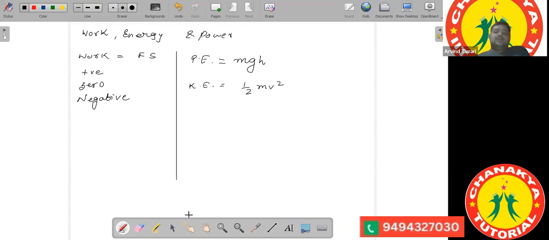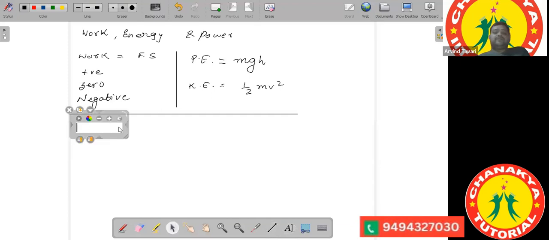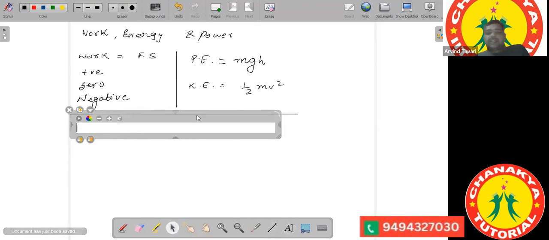Then we also did a relationship between work and energy, that work and energy are interconvertible, and from there we get to know the work energy theorem. So this is a very important concept, work energy theorem. Okay, so the work energy theorem states that the amount of work done is equal to the change of kinetic energy.